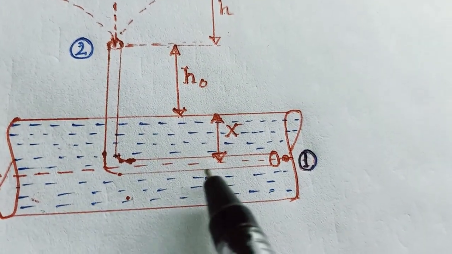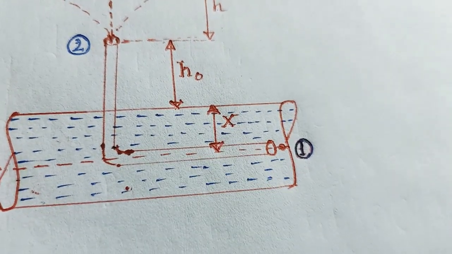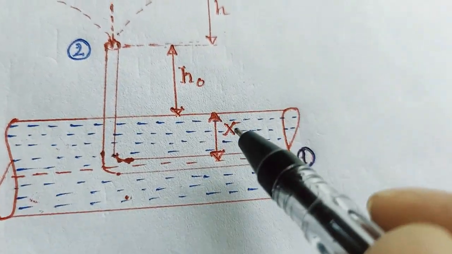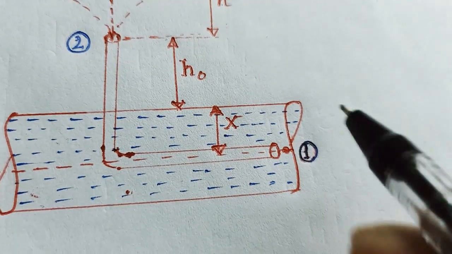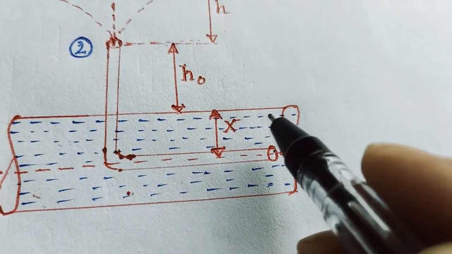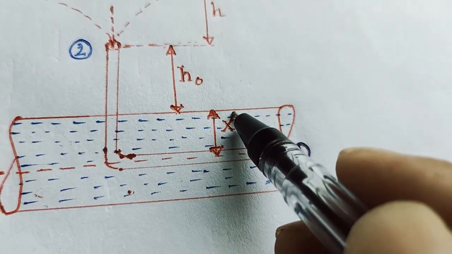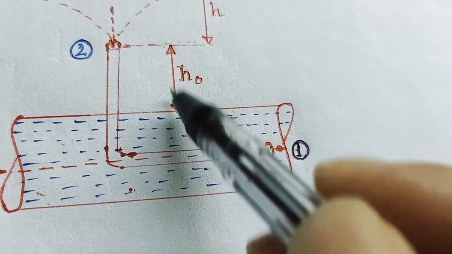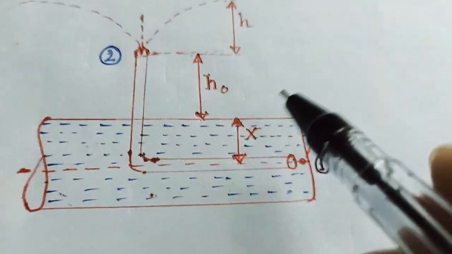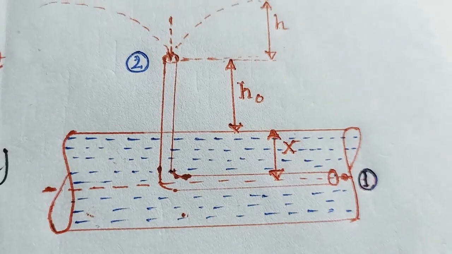So let one end of the tube be at a distance x from the surface of the stream, and the other end of the tube is at a height h naught from the surface of the stream.